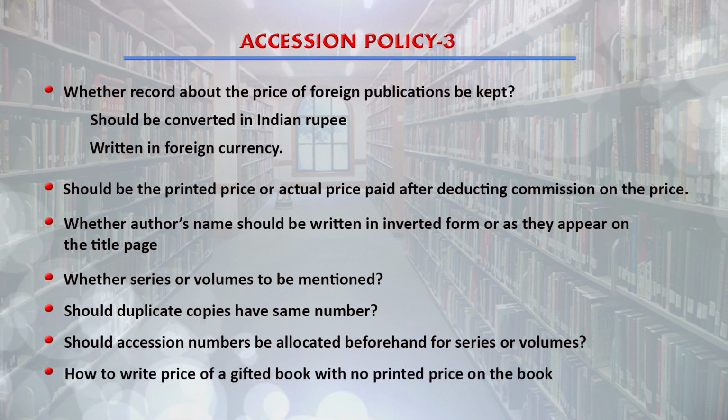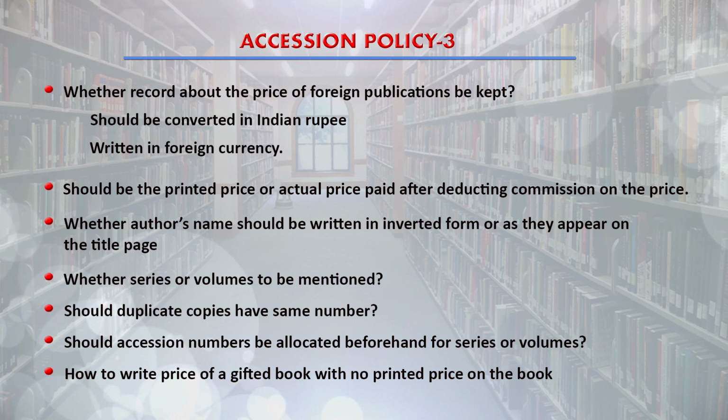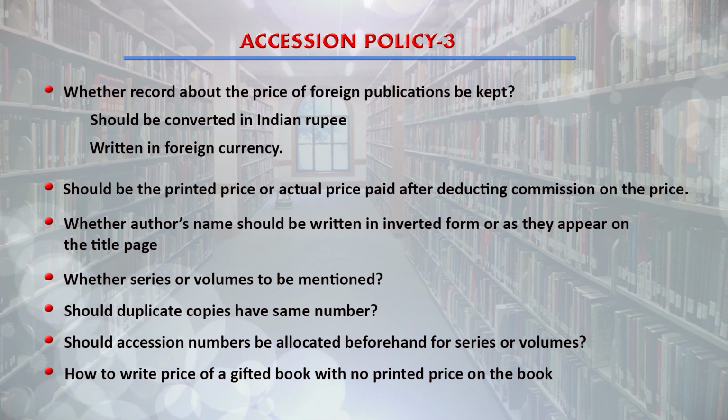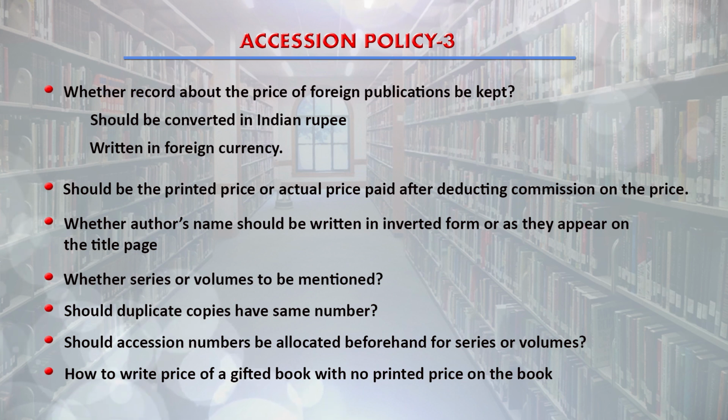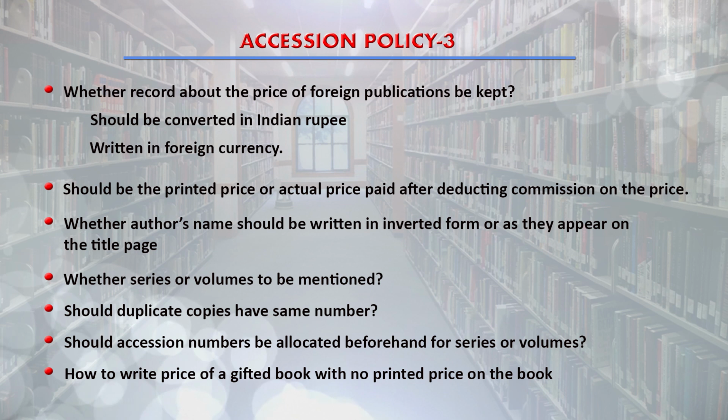Now, how to get the price of a gifted book? Normally a gifted book does not have any price. So in the actual paid amount column there has to be no price written, but if similar types of books are purchased, you can get an idea of what the price of this book could be, and you can mention this in the accession register.